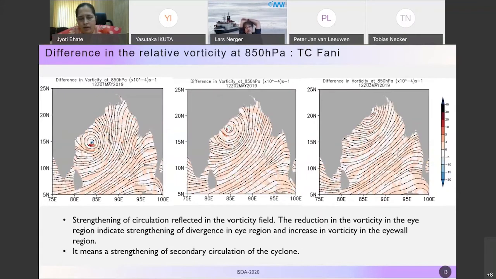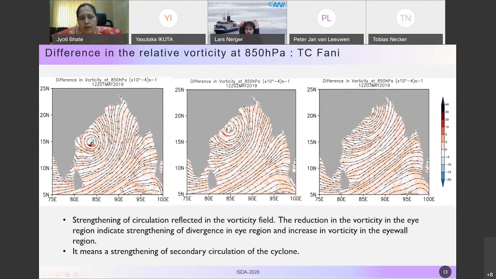Now we have seen the primary circulation. The secondary circulation of the cyclone we can see through the relative vorticity at 850 hectopascal. In the first panel there is an increasing relative vorticity over the eyewall region and a decrease in the eye region of the cyclone.